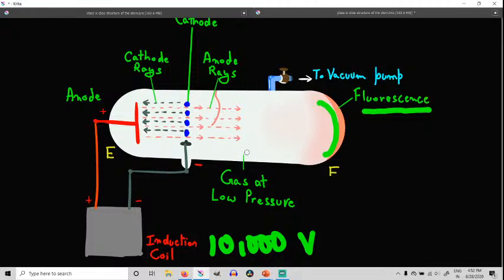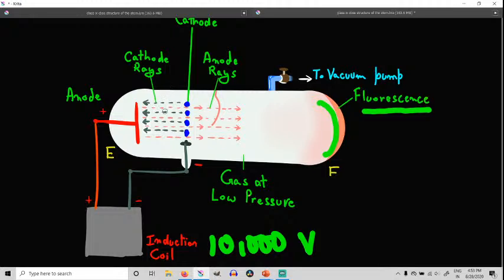Further, their deflection in an electric field shows that they carry positive charge. Now, how can we prove that they are carrying positive charge? If you remember, in the last class I showed you that if you keep an electrical field in the path of these rays, you will observe that these rays show deflection toward the negative plate of the electrical field, right?